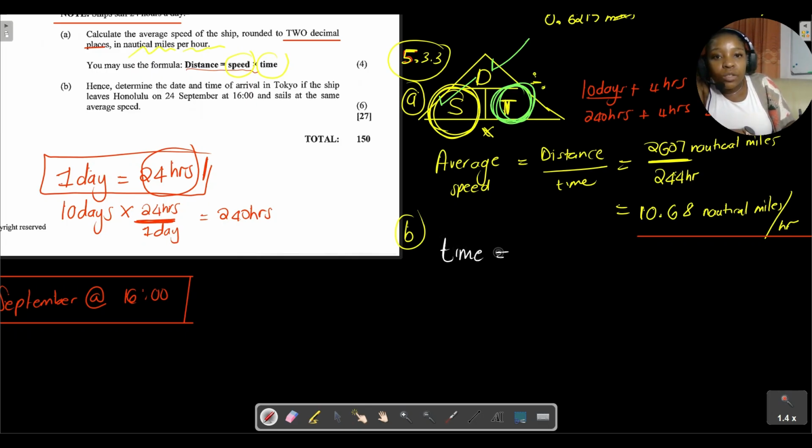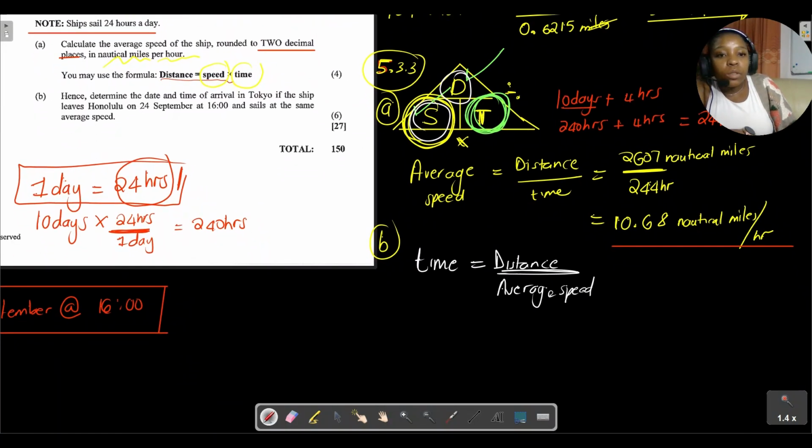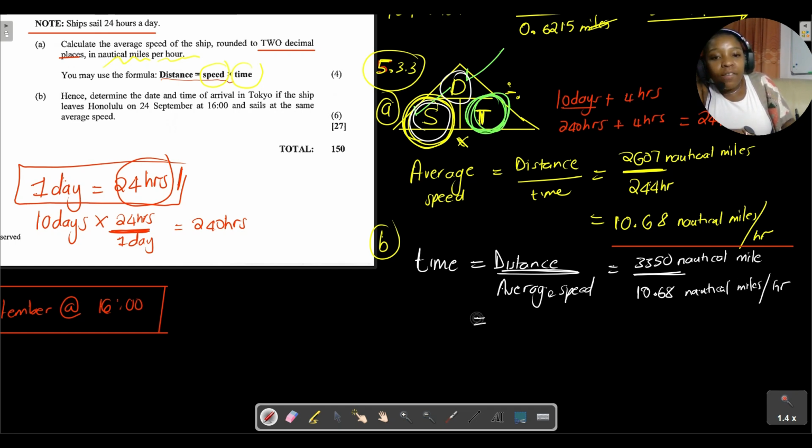So time is going to be distance in nautical miles divided by average speed. The distance is 3,350 nautical miles divided by the average speed, 10.68 nautical miles per hour, meaning that whatever answer we get when we divide these two values, it's going to be in hours.